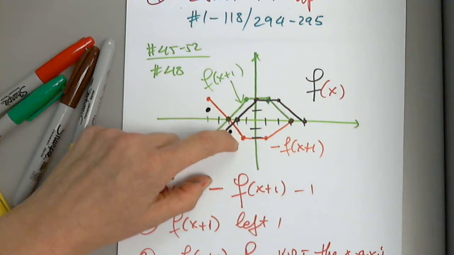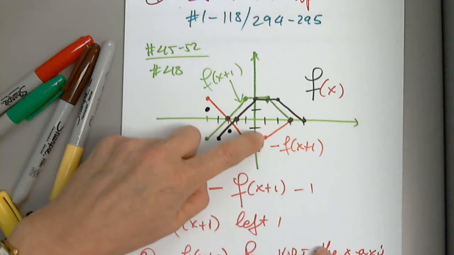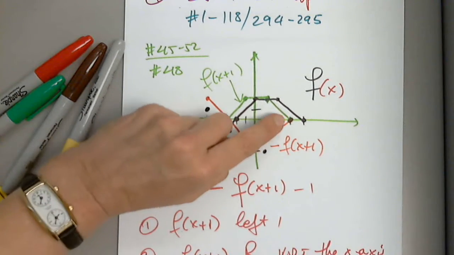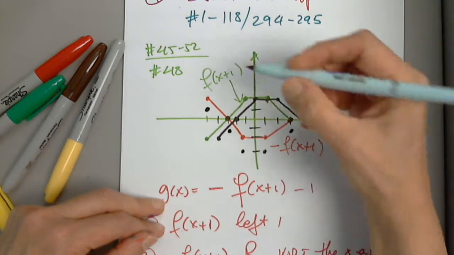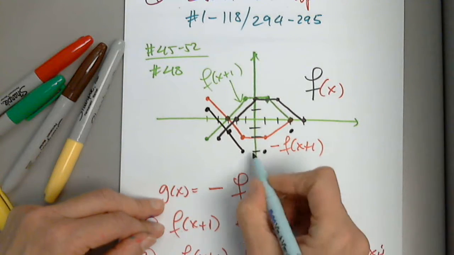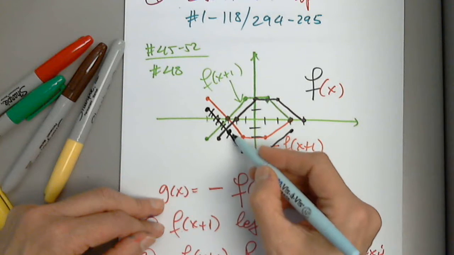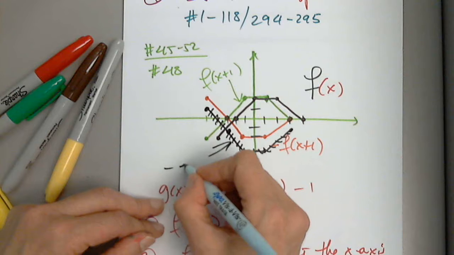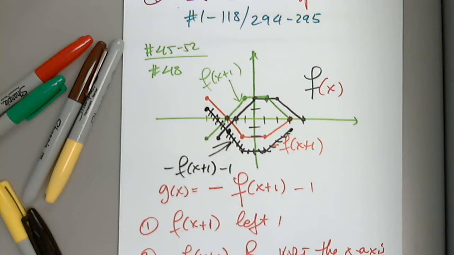Where does it go? This height is at negative 2. Where does this go? That point goes here. And this height is at 0. Where will it go? I missed it a little bit, sorry, this is the final graph. Final, negative f of x plus 1 minus 1.